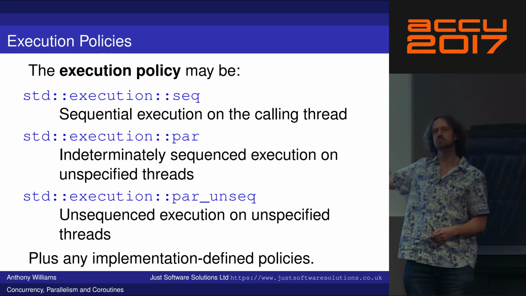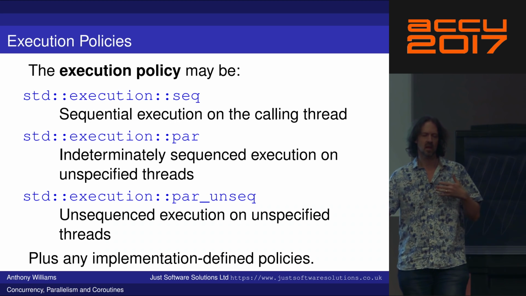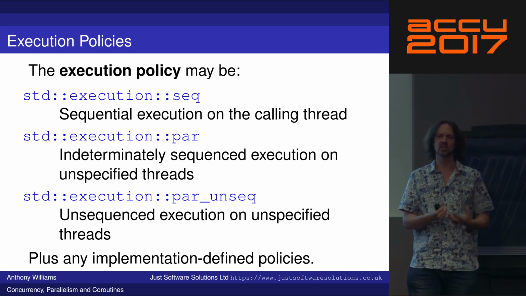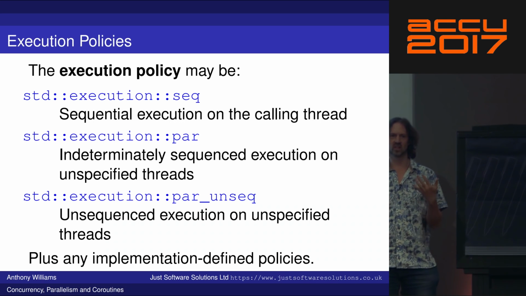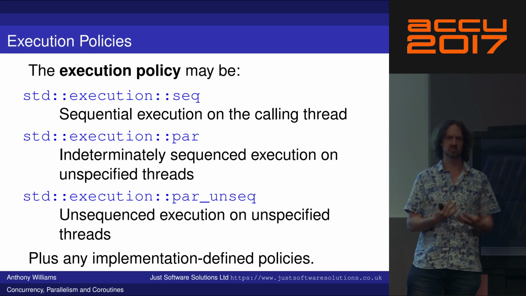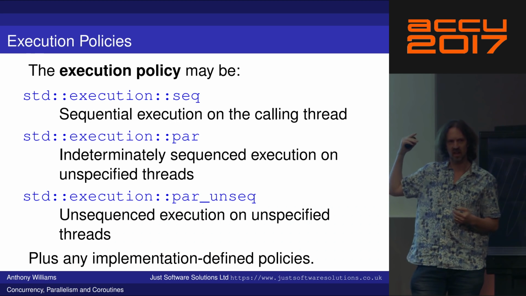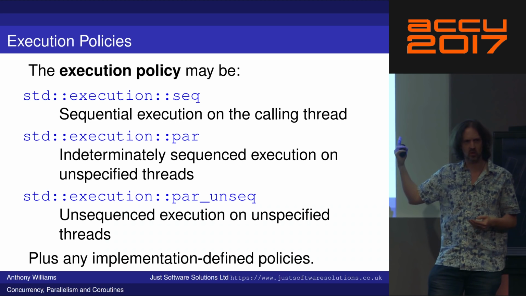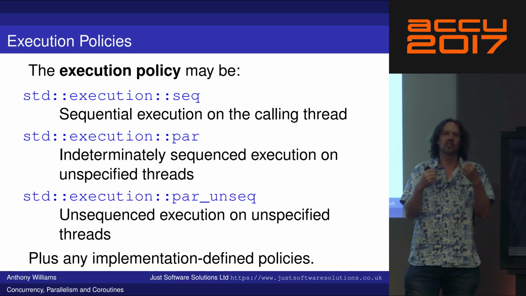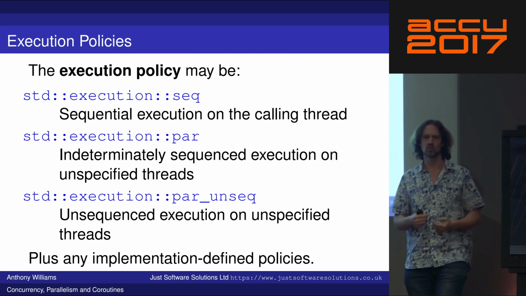And the sequential one is more of a debugging aid, because the restrictions and constraints on the implementation for specifying an execution policy at all change the way that the algorithm is specified. So by specifying a sequential execution policy, it says it's all on one thread, but we now don't have quite the same constraints as the normal no-execution-policy overload.